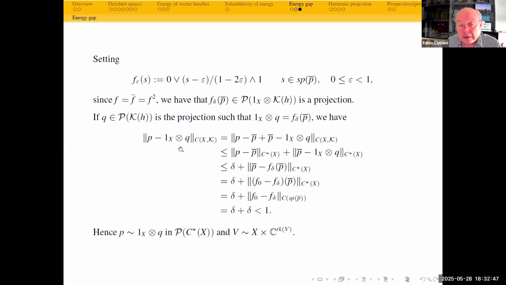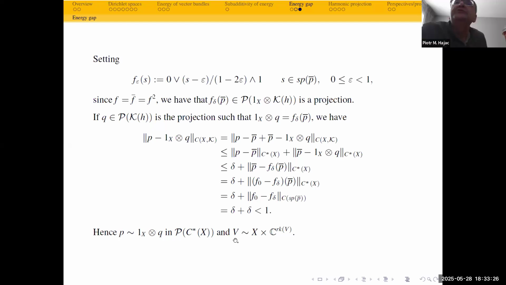So this distance depends upon the uniform distance between these two functions. But if you compute the distance between f delta and f0, this is exactly equal to delta. And so the sum is strictly less than 1. So we have two elements in a C*-algebra at distance less than 1, and then they are homotopically equivalent. So the original projection P is homotopically equivalent to a constant projection, this one.